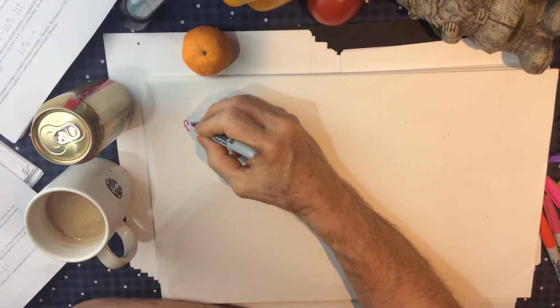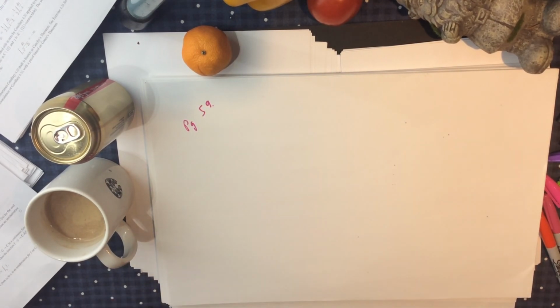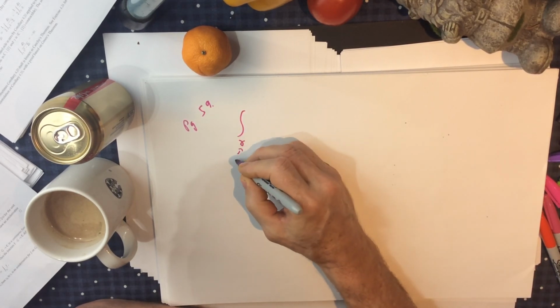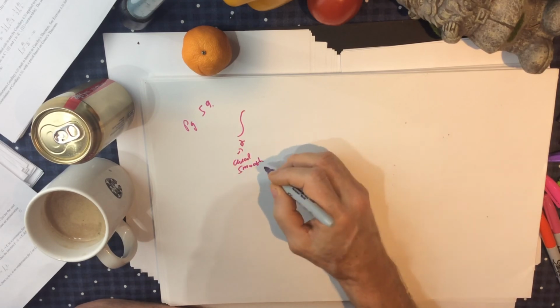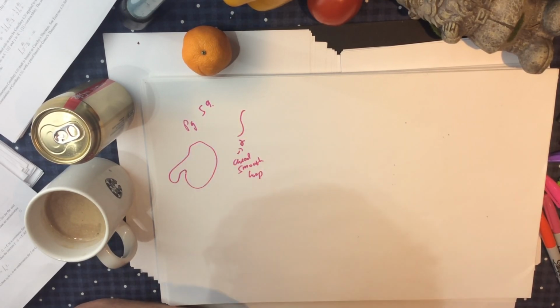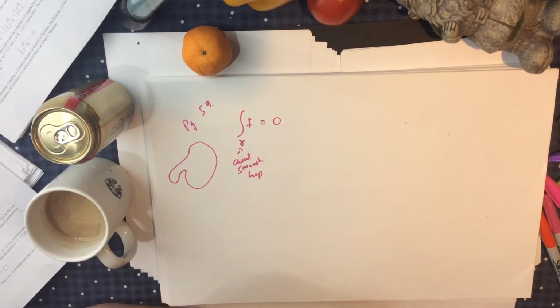All right, welcome back. We left off on page 59, and we had discovered that for functions that had really nice properties, in other words, that they had an antiderivative, then the integral over a closed smooth loop, meaning that it went back on itself like that, would be 0.